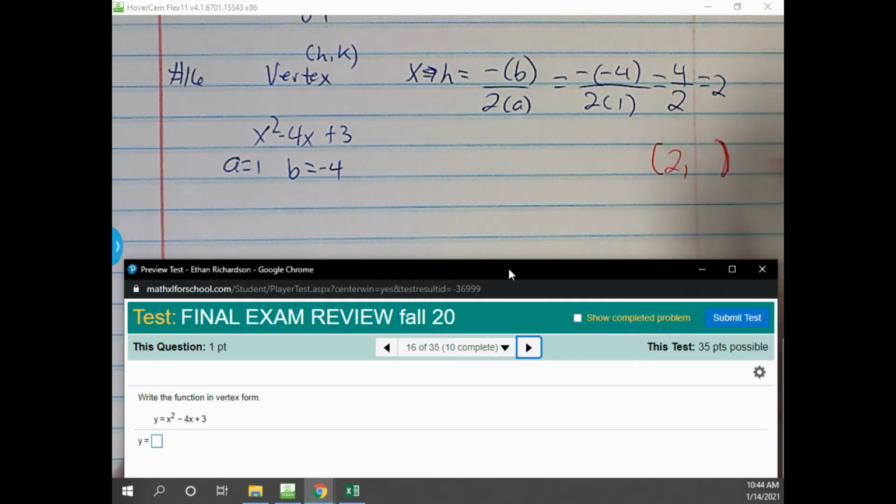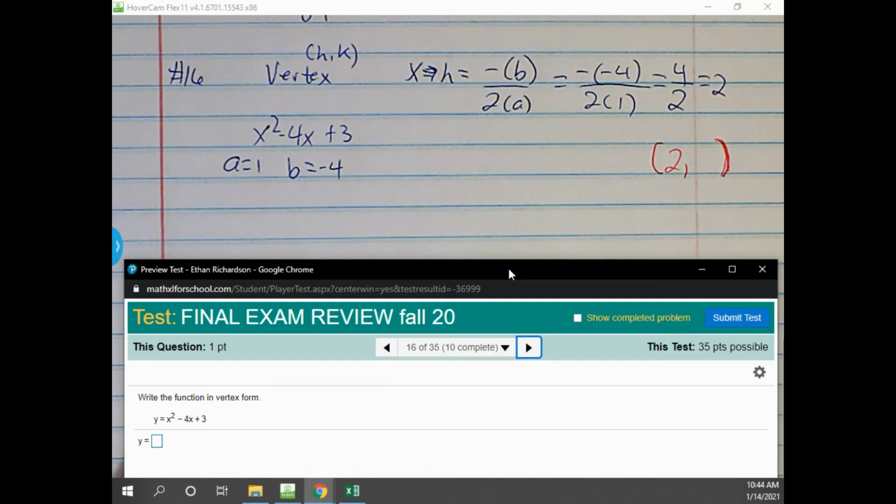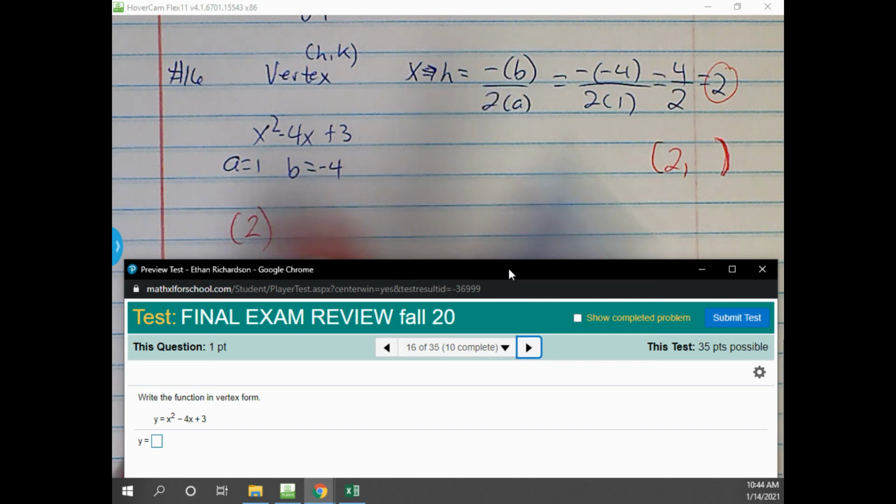Okay, to get the second number, this was where it got a little bit tougher. We're going to take this value of 2, and we're going to plug it back into this original equation we had. So it's going to be 2 squared minus 4 times 2 plus 3.